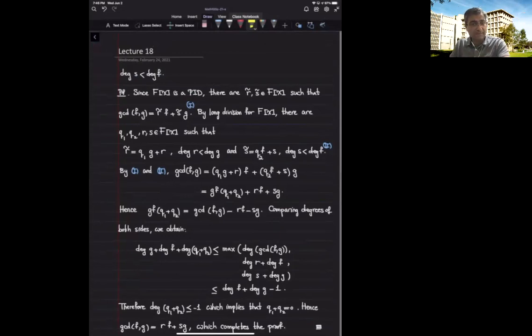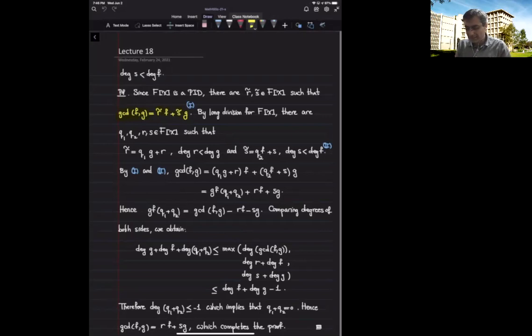We know that F[x] is a PID, and therefore we do know the GCD can be written as some polynomial r tilde times f plus another polynomial s tilde times g. Now I want to find smaller degree polynomials. The inequalities that are given are already suggestive. We have to divide r tilde by g and s tilde by f.